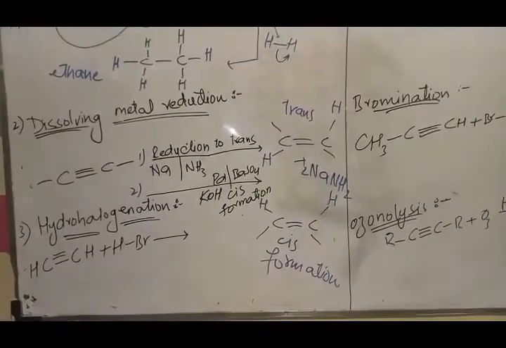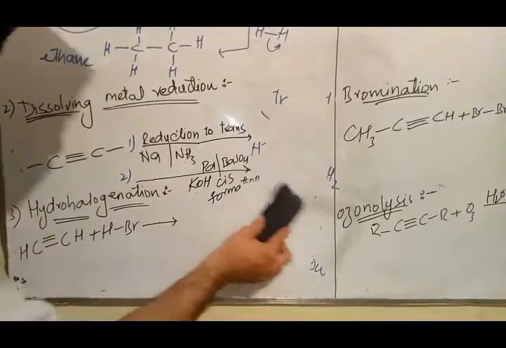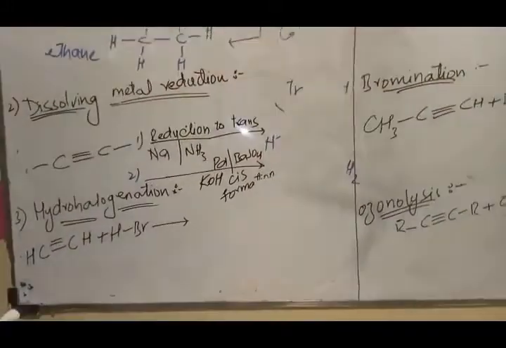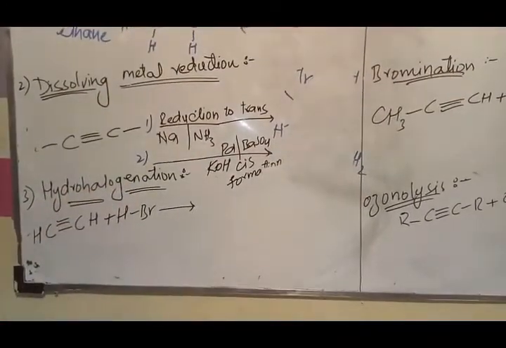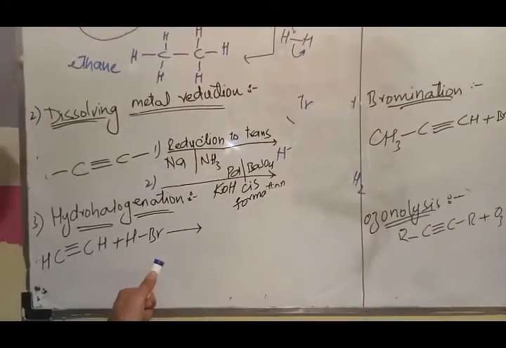Now before going to other reactions, I am going to rub this reaction so that we get space for the next reactions. Dear students, our next reaction is hydrohalogenation. Hydrohalogenation means addition of hydrogen and halogen.